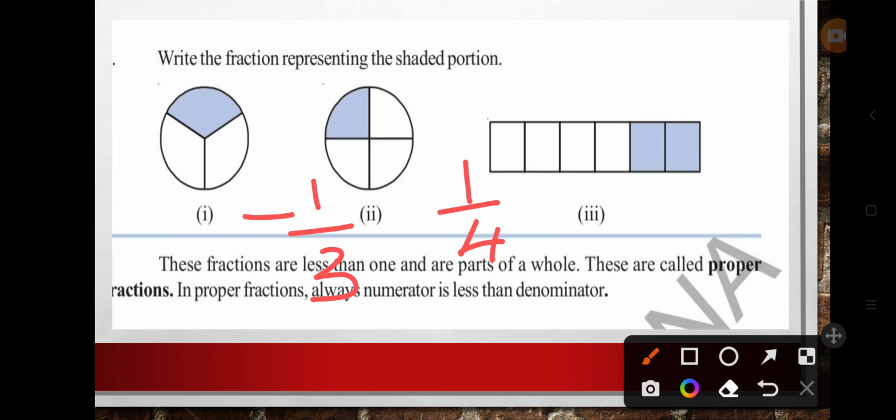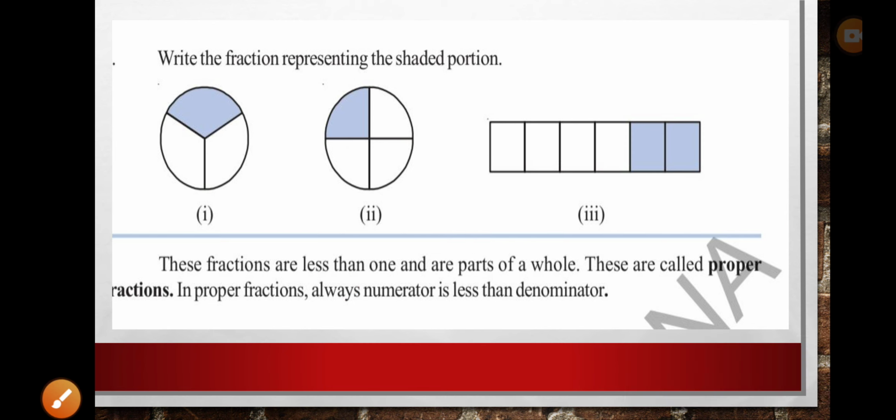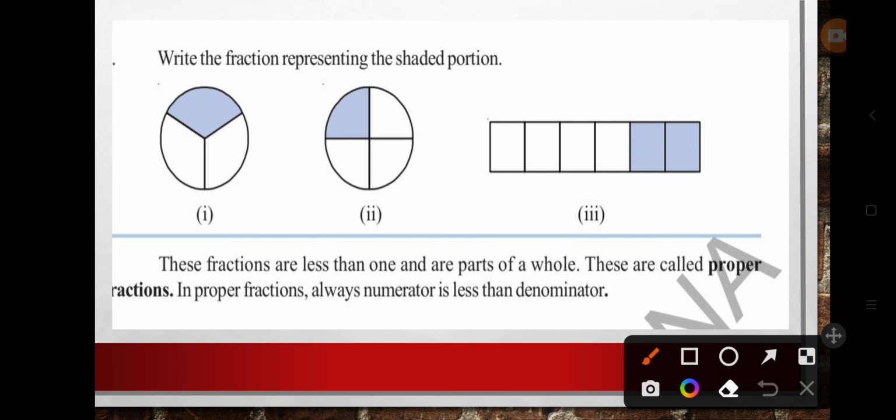Take this one: how many parts are there? 6, so write 6 as the denominator. How many parts are shaded? 2, so 2/6 is the fraction representing this part.